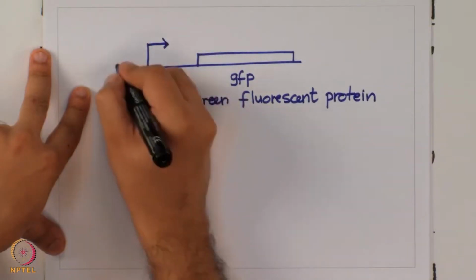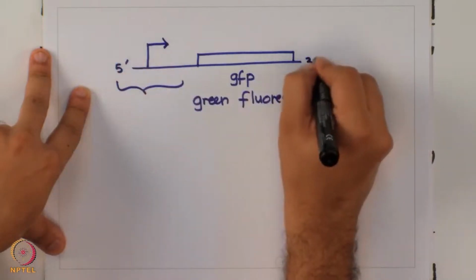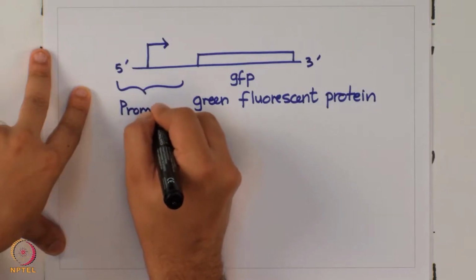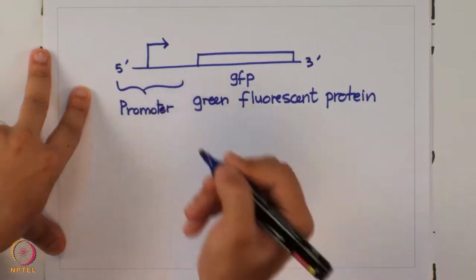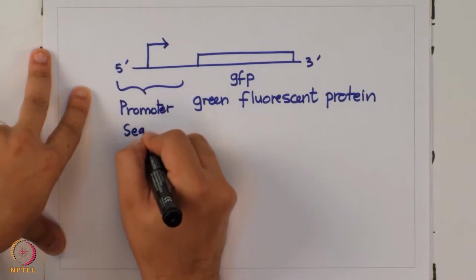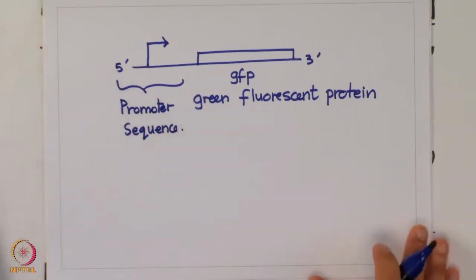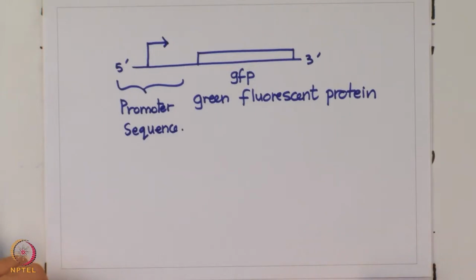This is 5 prime, 3 prime. This is the promoter sequence where RNA polymerase comes and initiates transcription. So when we are talking about fitness landscapes, we'll use this as our model system, and we'll define fitness landscapes associated with both DNA and protein.